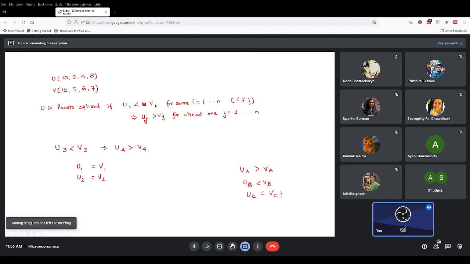I can say this ordinally. I'm not saying how much. In fact, if you look at the Pareto definition, when I'm giving a formal definition, I'm only comparing them. I'm not saying how much.